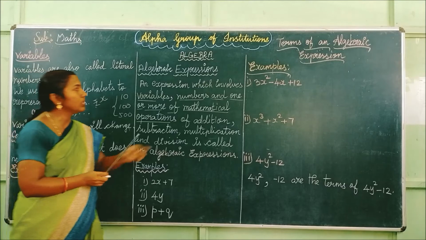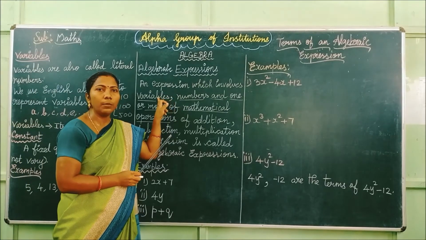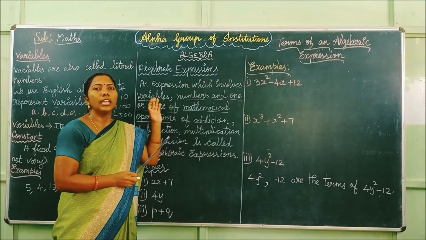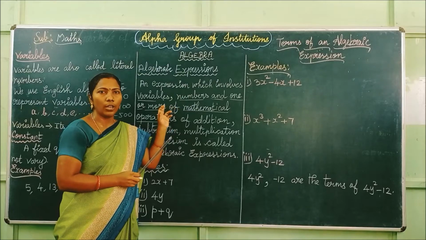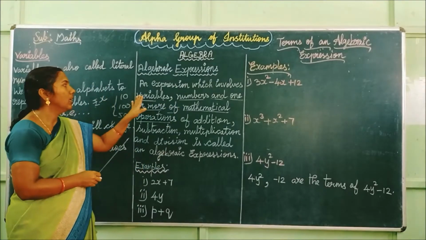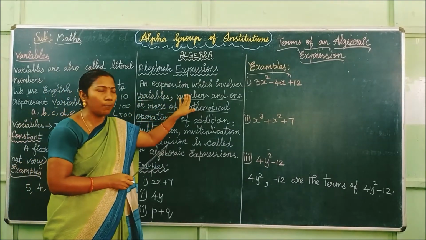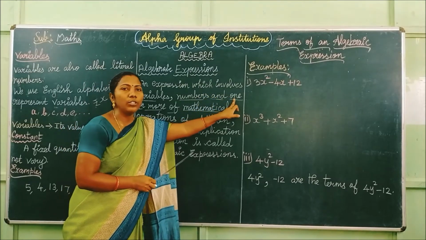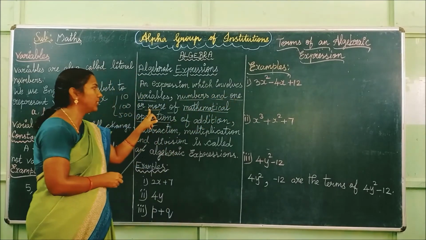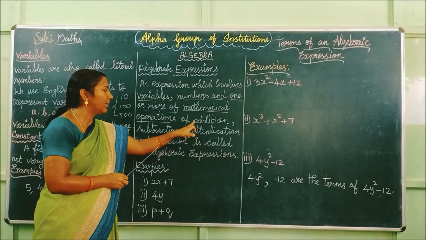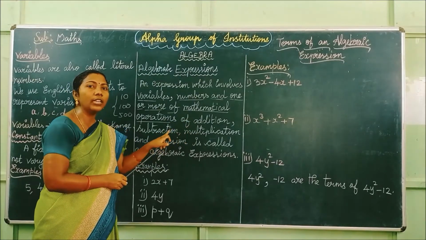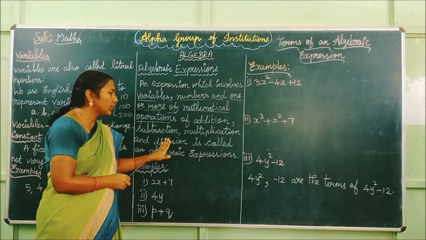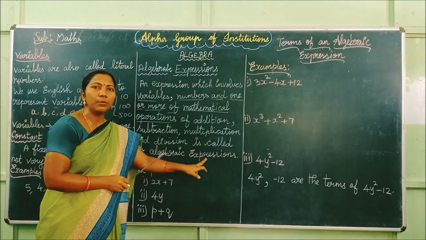It involves variables, in lower case, that is small letters, and numbers, and minimum it should have one operation. What is meant by operation here? Addition, subtraction, multiplication and division.